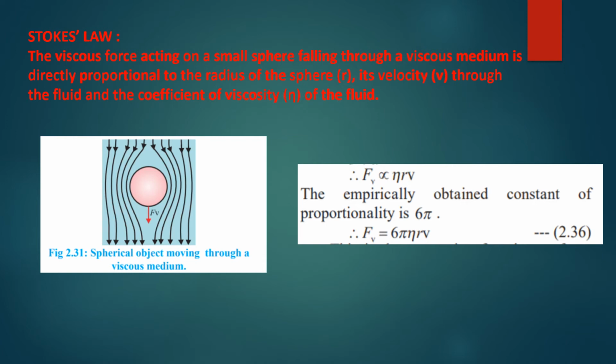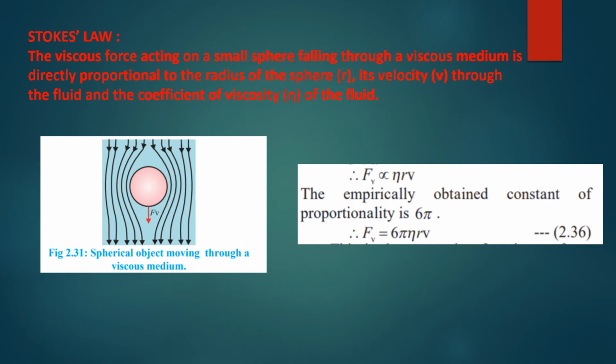We can think of motion of a ball bearing in a jar filled with castor oil or motion of raindrops in atmosphere. The law states that the viscous force acting on a small sphere falling through a viscous medium is directly proportional to the radius of the sphere, its velocity through the fluid, and the coefficient of viscosity of the fluid.